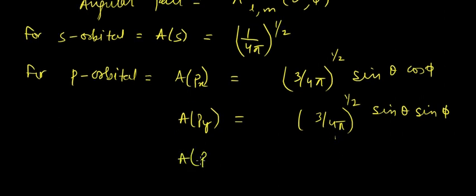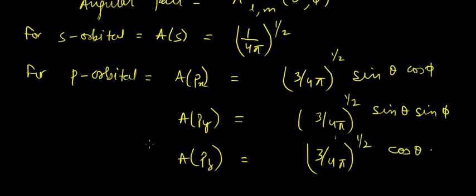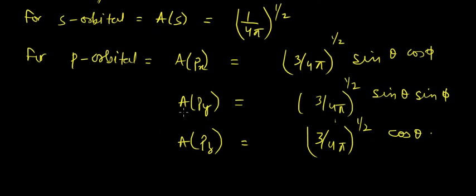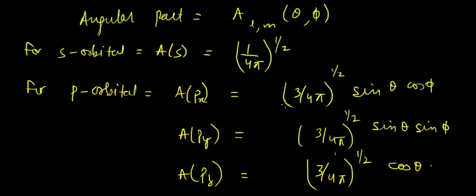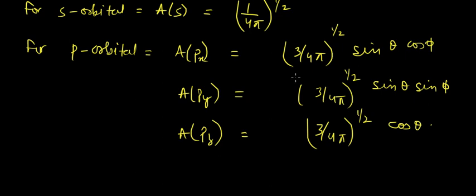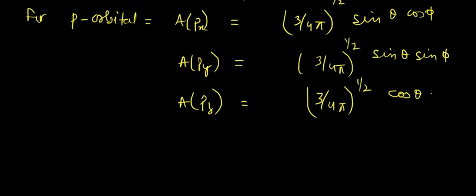And then A of pz would be 3 upon 4 pi to the power 1 by 2 times cos theta. Okay, so for now don't worry about how these terms are coming. These terms come from a lot of complex calculations done by Schrodinger. We are directly utilizing the terms, for remembering's sake.